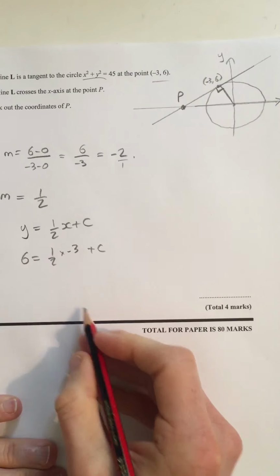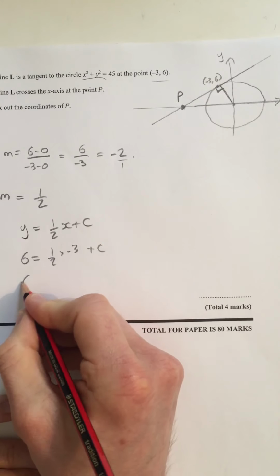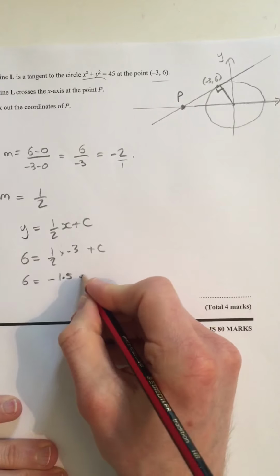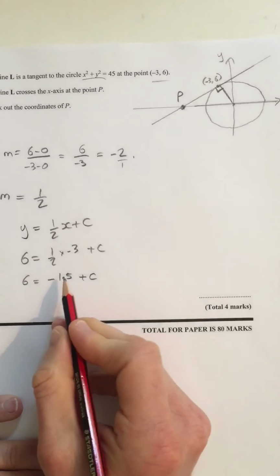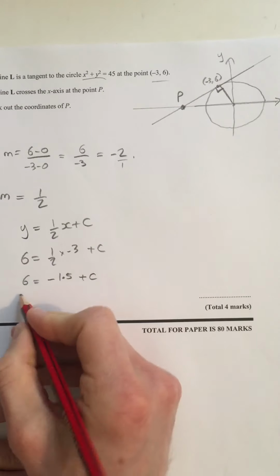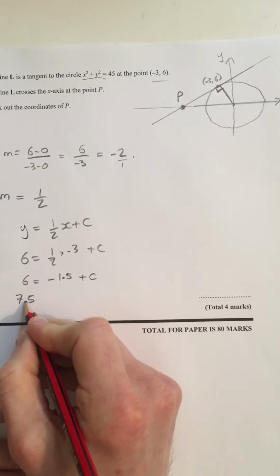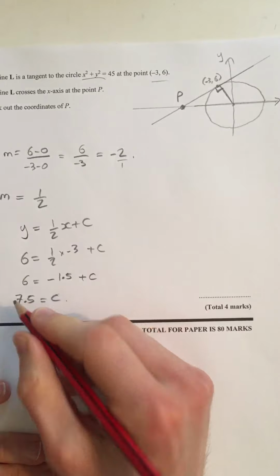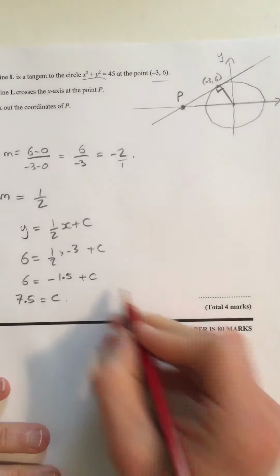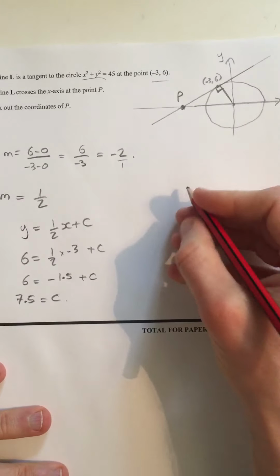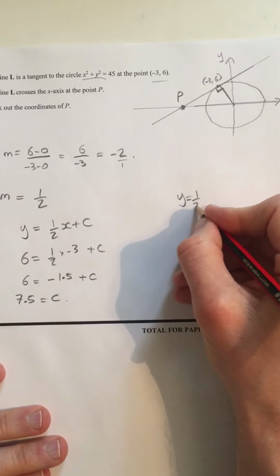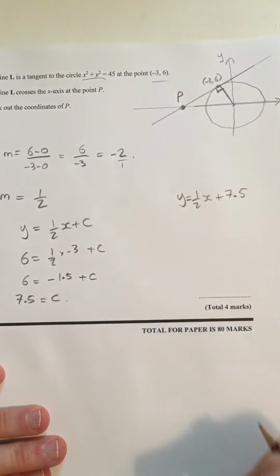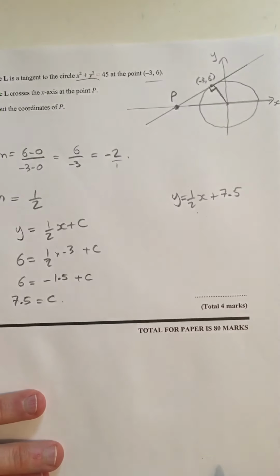A half of -3 is minus 1.5, plus c. Add the 1.5 over to the left-hand side, so 6 plus 1.5 is 7.5. So I now know that c is 7.5. So I've now got the full equation of this tangent: y equals a half x plus 7.5. So that's the equation of my tangent.